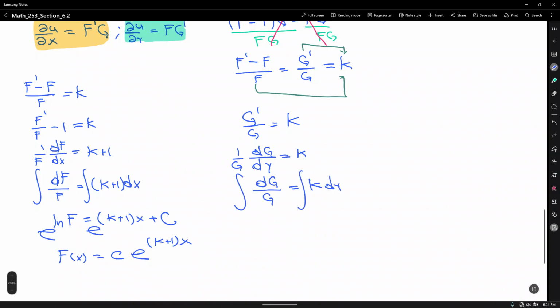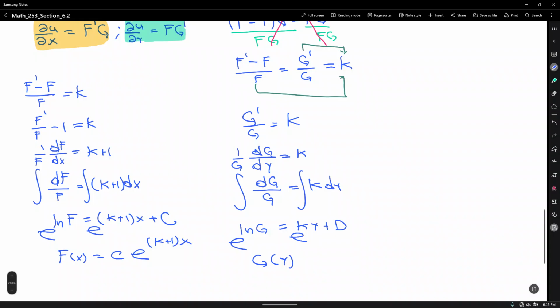Integrate both sides. That's ln of g equals ky plus another constant that I'm going to call D. And again, just like we did in the previous example and in the previous part, exponentiate both sides. That's going to give us the g of y finally.